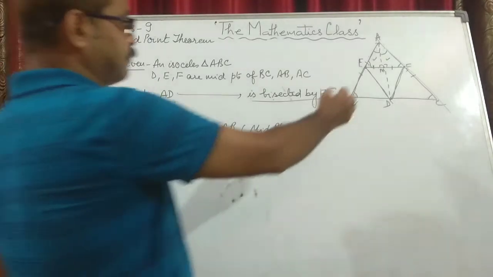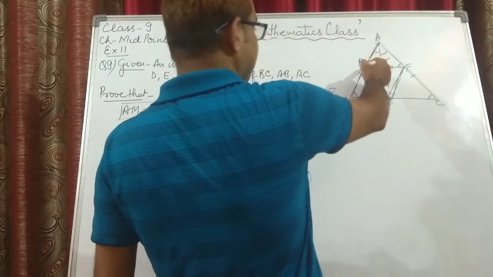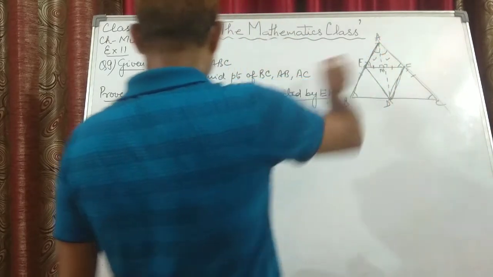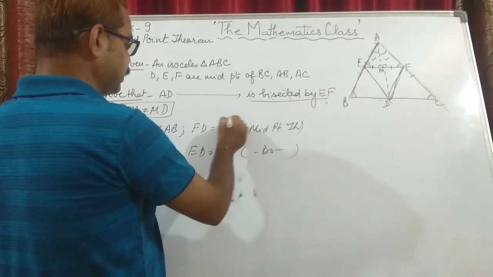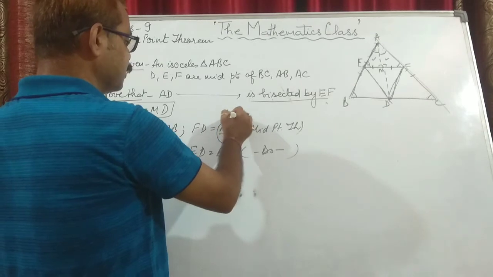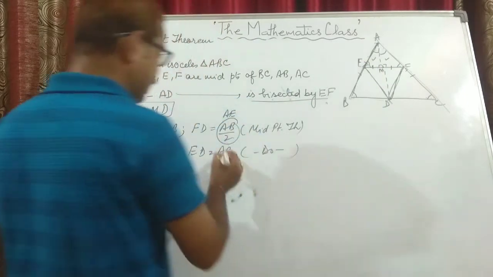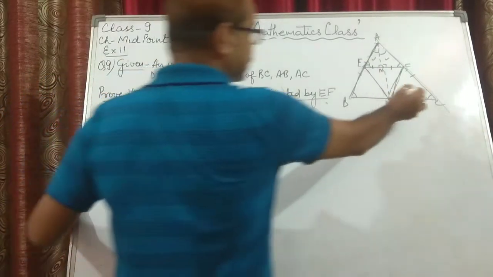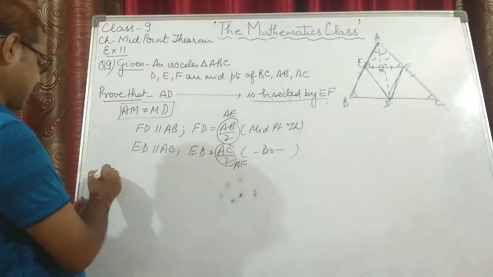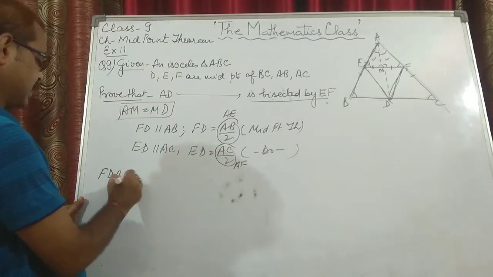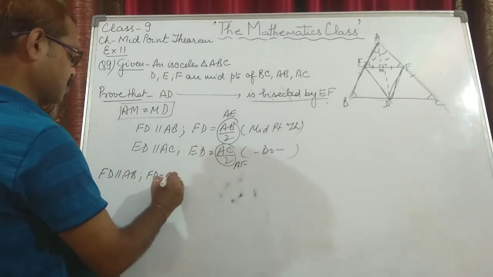Now when FD is equal to half of AB, then AB upon 2 can be written as AE also. Half of AB is AE because E is the midpoint, and half of AC can be written as AF also. So we can say that FD is parallel to AB and FD is equal to AE.